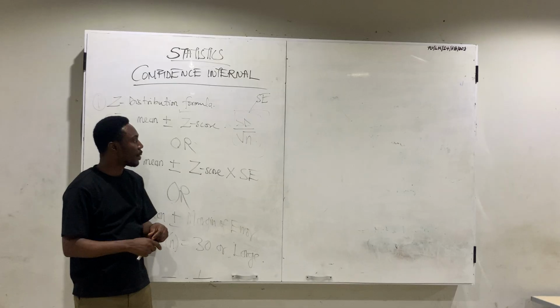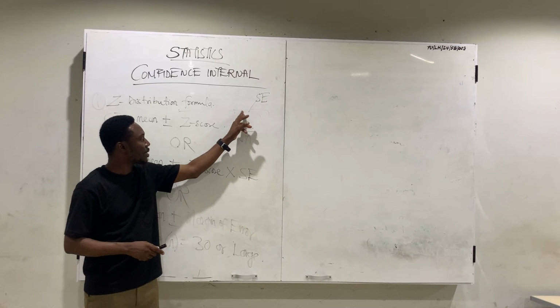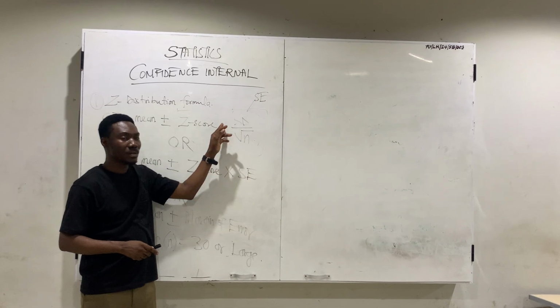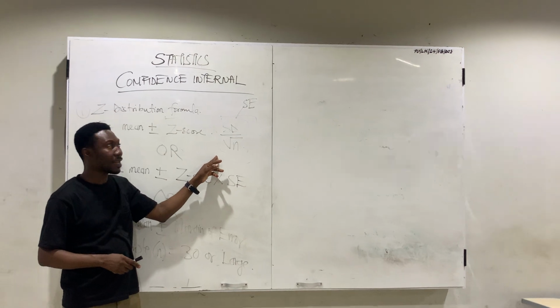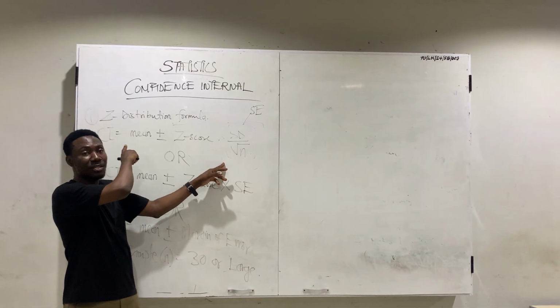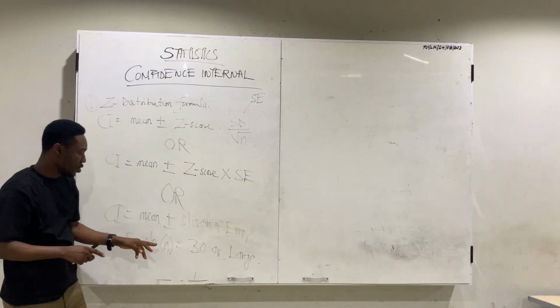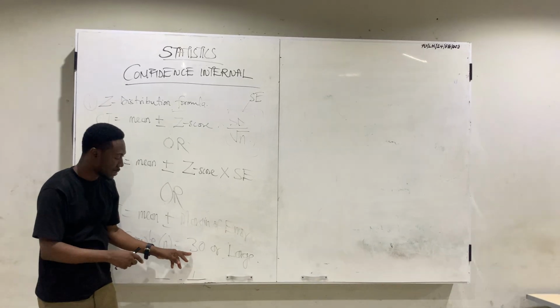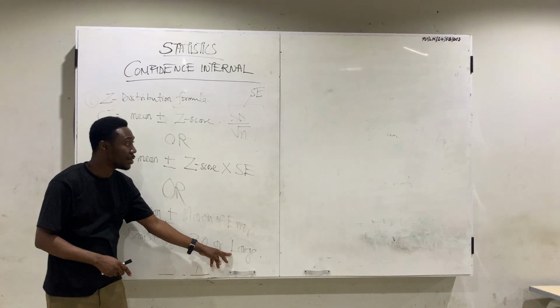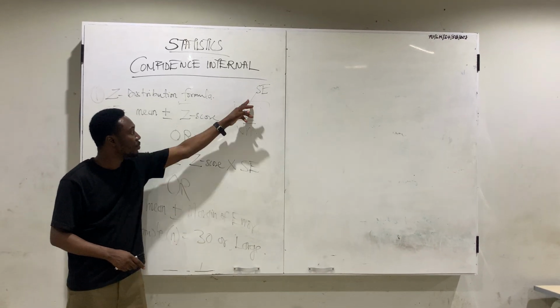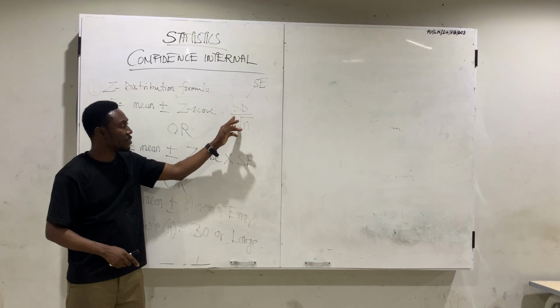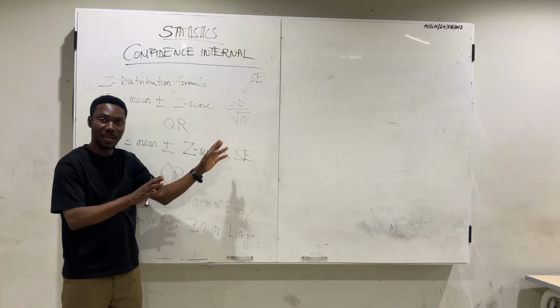Okay, for the last time, this part of the formula is what we call standard error. So how do you calculate standard error when you are working with a sample that is 30 or large? Standard error is equal to standard deviation all over square root of n.